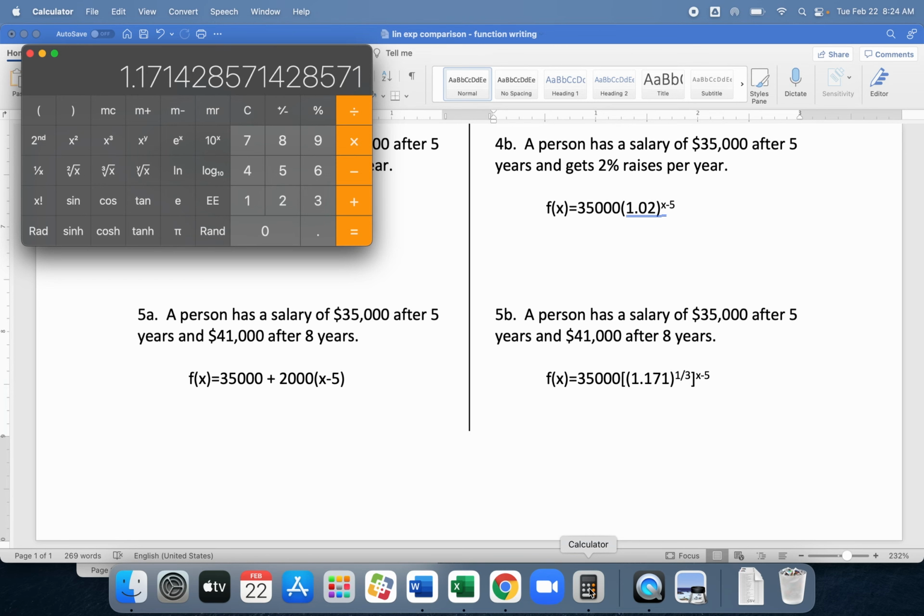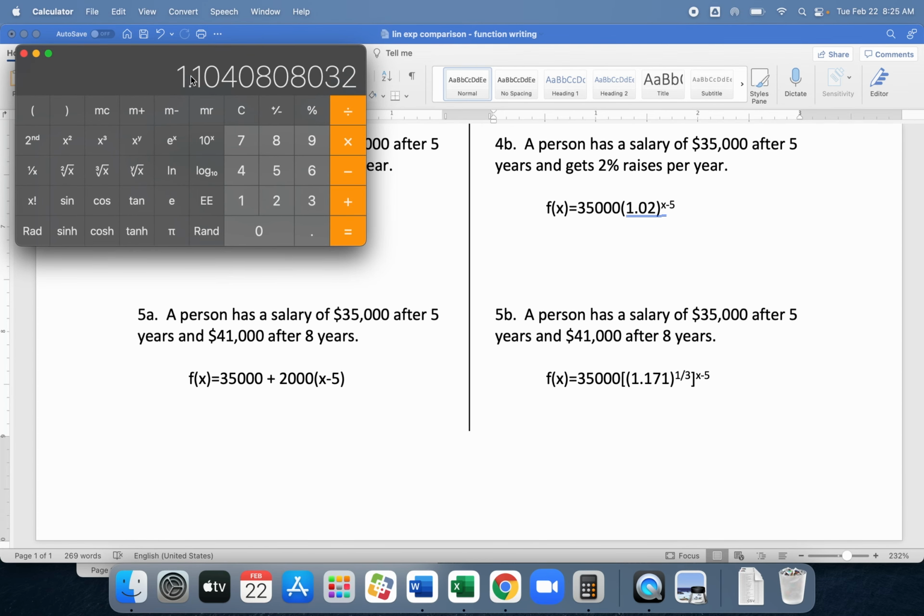I don't know what it is, but I want to know now. 1.02 to the 5th power is 1.104. So a 2% raise for 5 consecutive years isn't exactly a 10% raise, it's a 10.408% raise, approximately. It's that number, minus the 1, is the percent change.